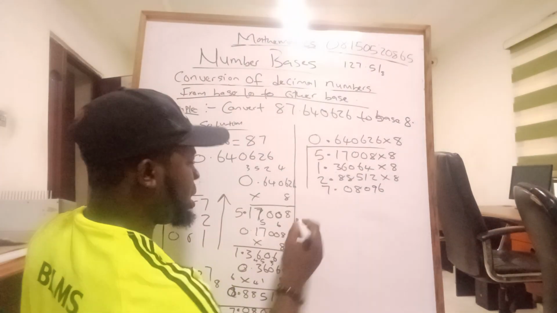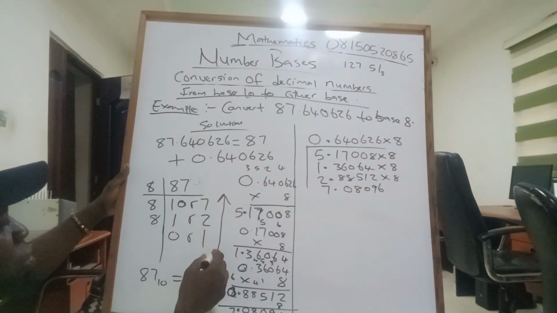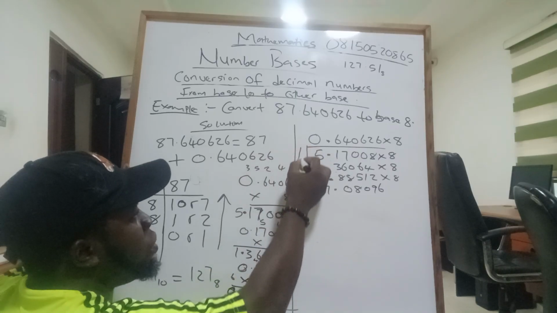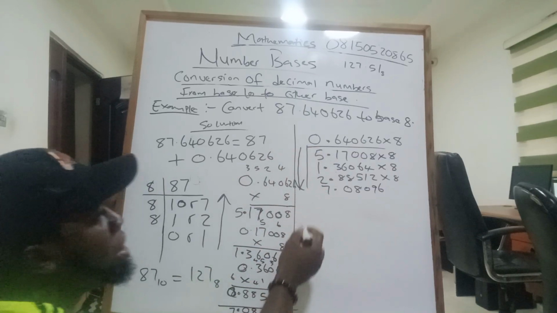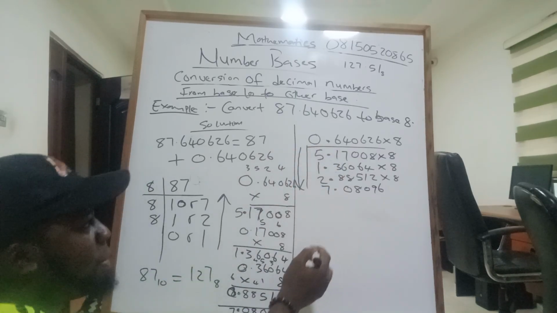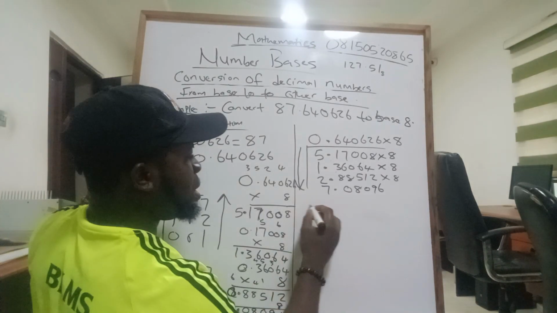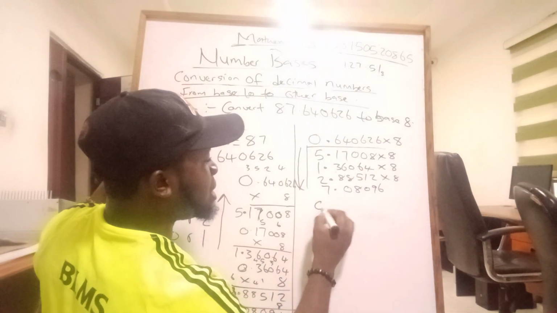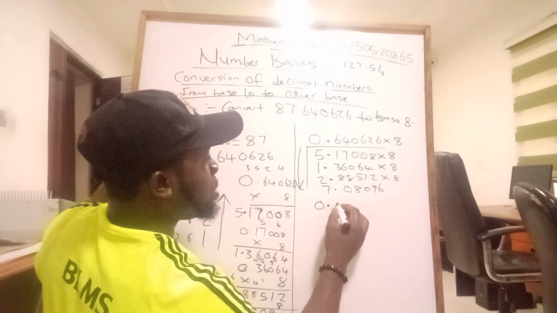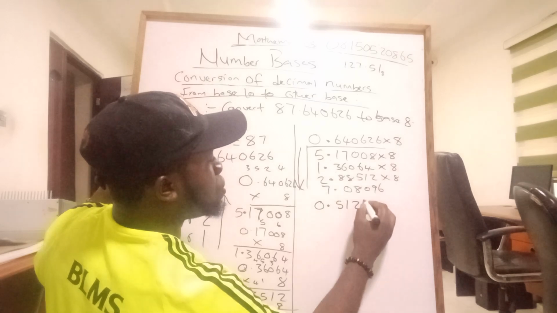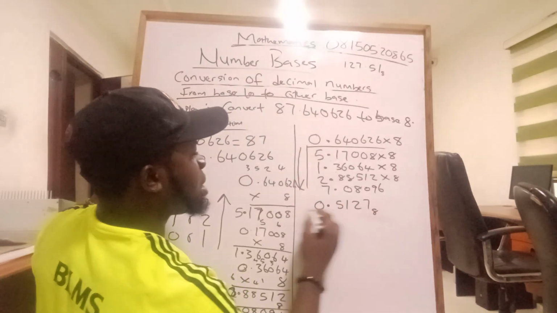So in this case, here our arrow is going up, but in this place, your arrow will come down, and you only take the number before the decimal. You understand? So the answer here is 0.5127 to base 8.